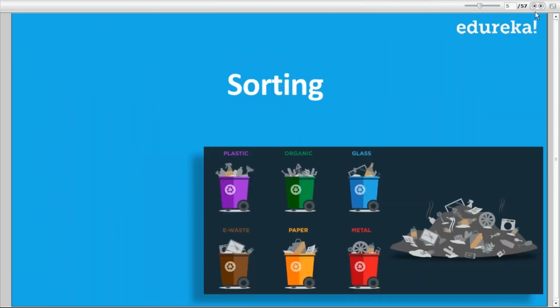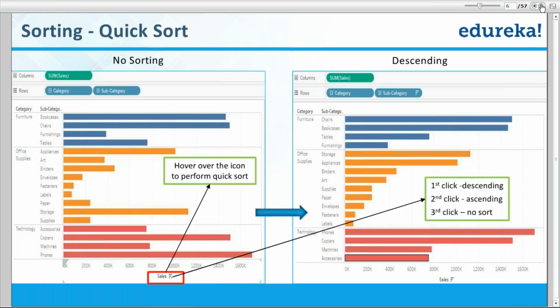Let's understand with an example of garbage. In garbage, we are sorting out the things: plastic separately, organic separately, glass, e-waste, paper, metal. So what is the purpose of doing this sorting? To make it reusable. Similar items can be grouped together and used for some purpose, right? That would be the purpose of doing the sorting.